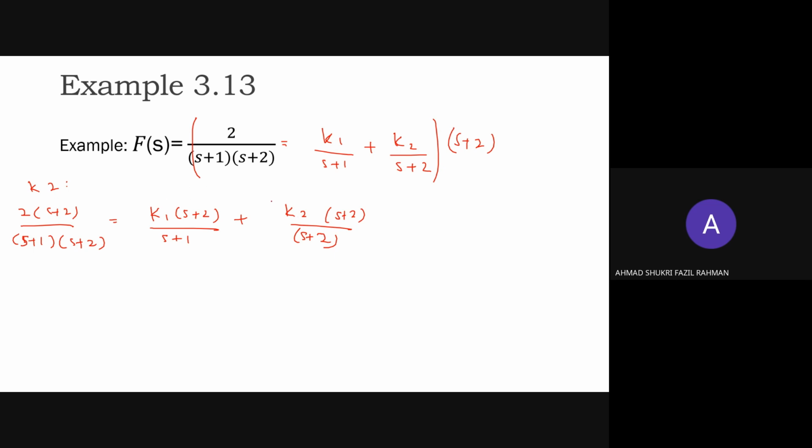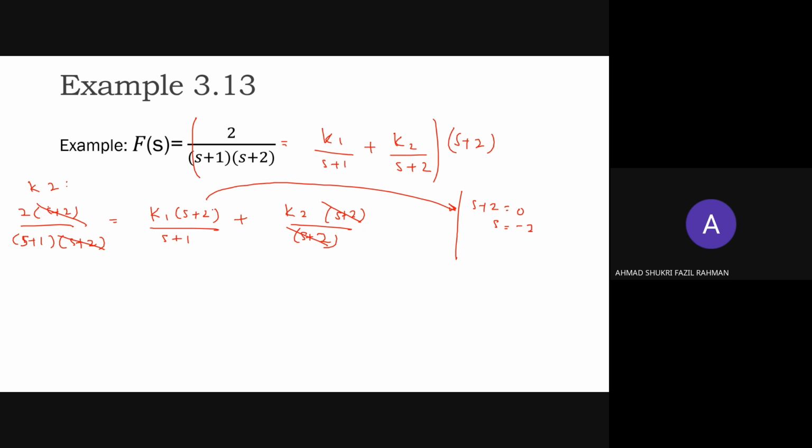So we can rearrange. We can eliminate this term here, and this one, no need. This one also we can eliminate. Again, we want to find K2, so we need to make this term equal to 0. What happens is that S plus 2 equals 0, so S is equal to -2.